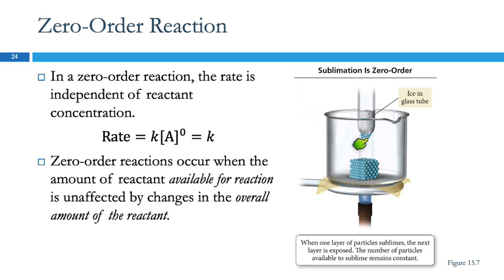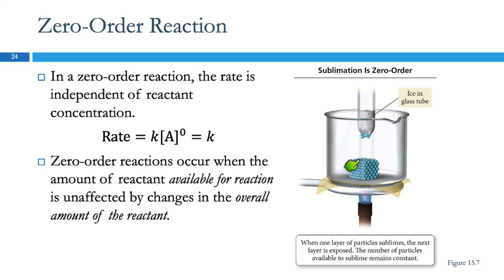So here we have a solid substance and it's subliming, which is going directly into the gas state. It's not melting first. So we're looking at the rate at which this is subliming and going into the gas state, and then we see that it's gone into the gas state because it's depositing on this glass tube up here with ice in it. Well, what happens here?